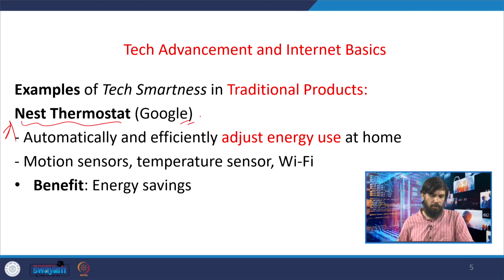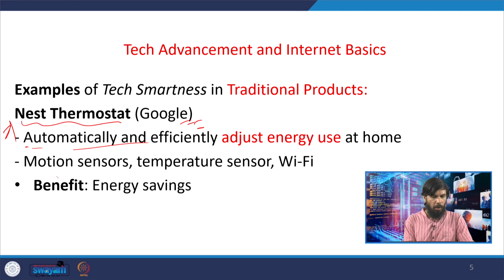So this Nest Labs was acquired by Google, and what they came up with, the smart thermostats. So what it does, it automatically and efficiently adjusts energy use at home. So therefore no one has to manually do it with a limited bit of controls. Nest thermostat had the smartness to automatically do that and adjust the energy use.